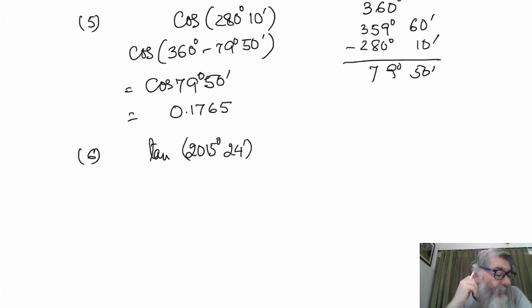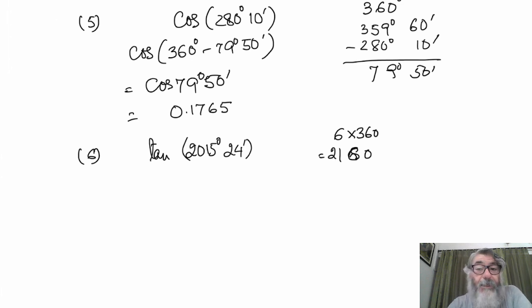What will the number be? 360 into 2 is 720. 720 plus 720 will become 1440, which is still less. Then I'll multiply by 6. 6 into 360: 6 sixes are 36, 6 threes are 18, and 3 makes 21. So 2160. It is bigger than 2015.